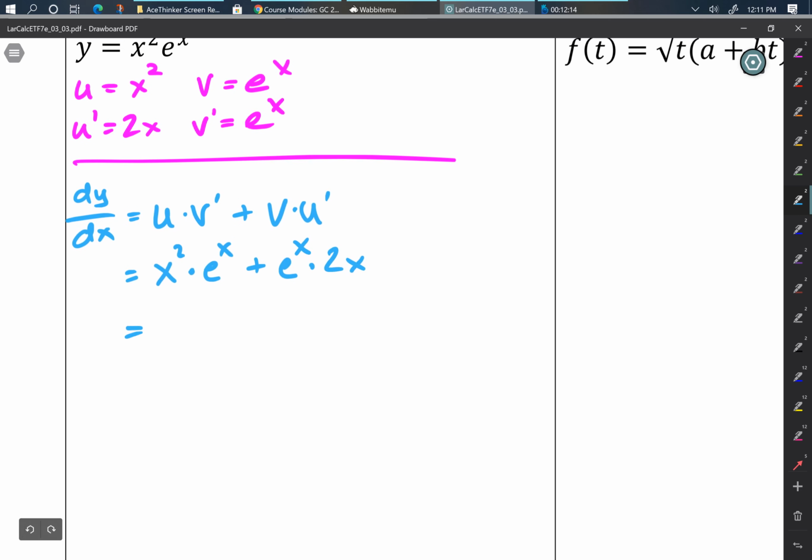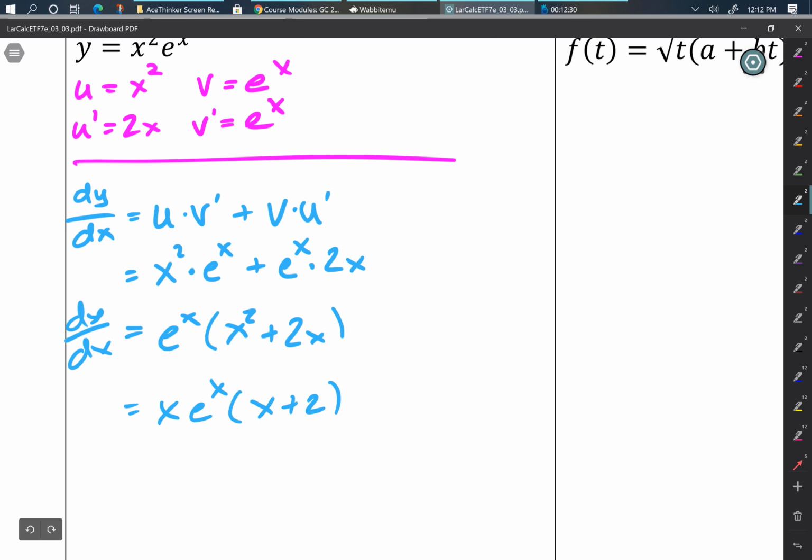Cleaning that up a little bit, I get then that dy dx is e to the x times x squared plus 2x, or maybe if you prefer, x e to the x times x plus 2. I don't know how much you want to factor these things. And there's our dy dx. Okay? So I'm taking derivatives using the product rule.